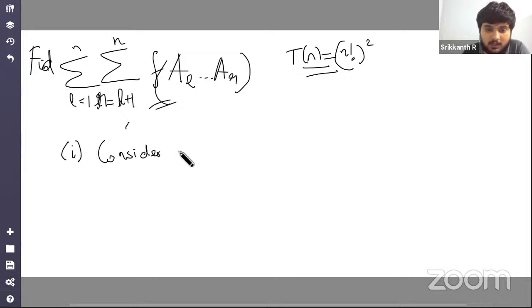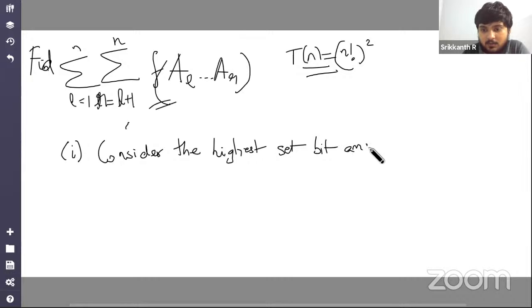consider the highest set bit among all values in B. Let's say B is one subarray, and we want to find f of B. So consider the highest set bit of all the values that are in B. You can have something like 5, 6, 9.